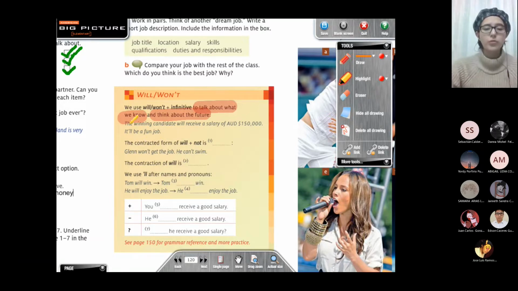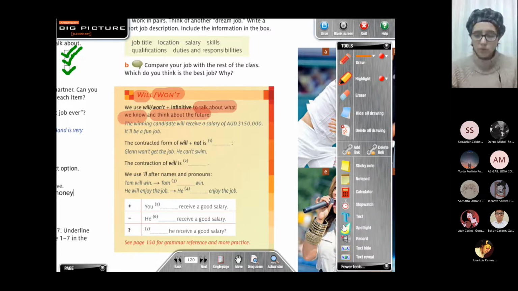So what is the contracted form of will, won't? Here we have will, here we have won't. How to write it? ¿Cómo lo vamos a escribir? So if you put together will and not, what is the short form of will and not? Here you have the example. So this question is for you, Edson.